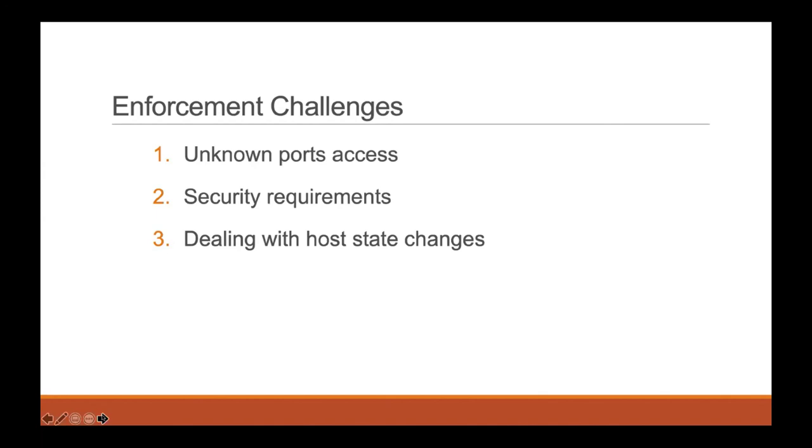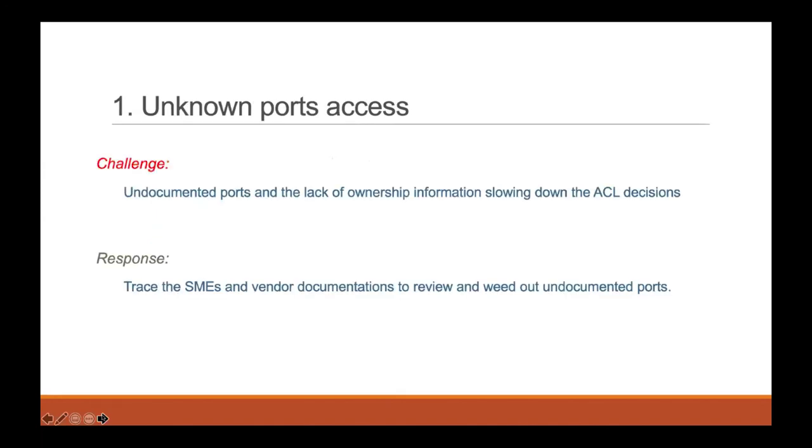Next slide. So the first one is unknown port access. While we were in the auditing phase, we saw some undocumented port access, like some ports which we don't know, where there is traffic flowing to that server on that port.